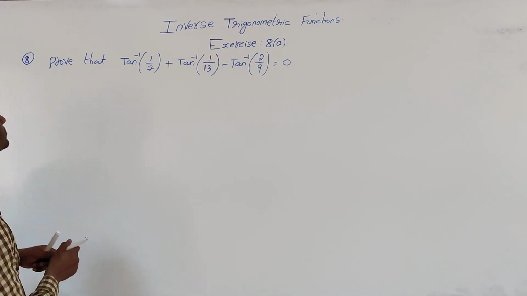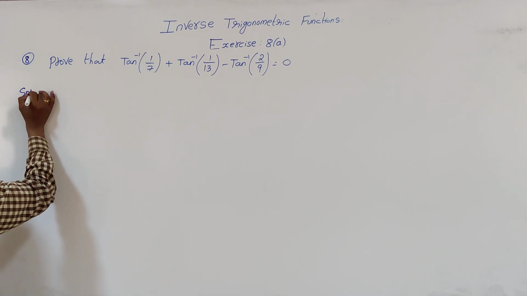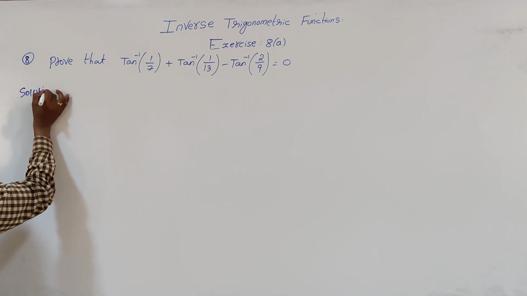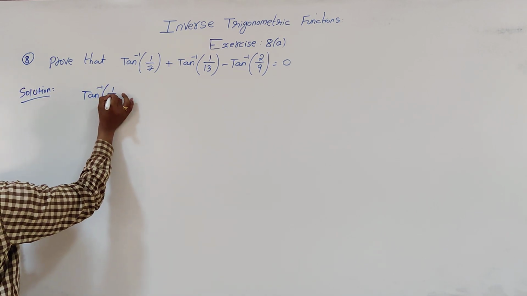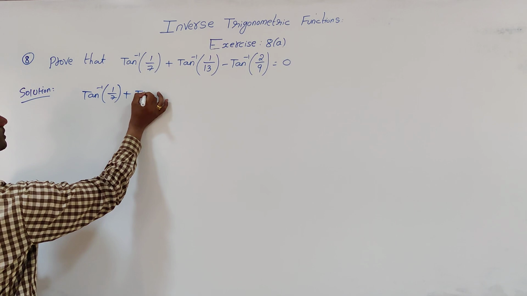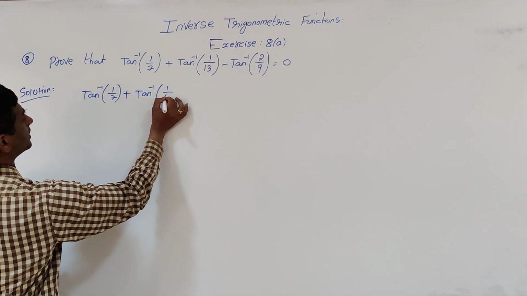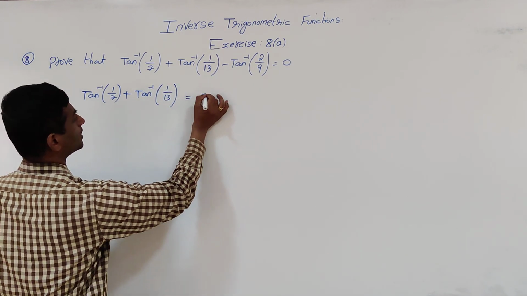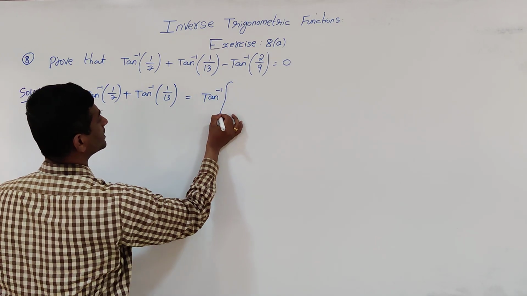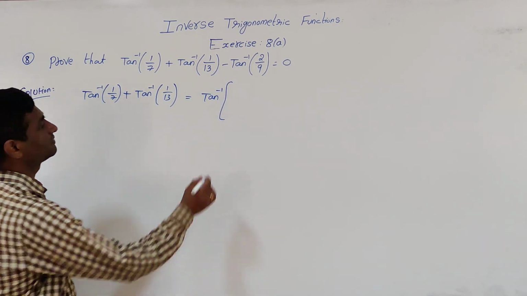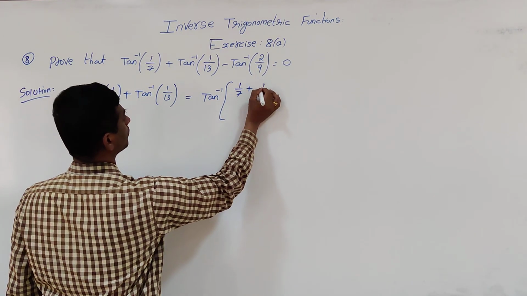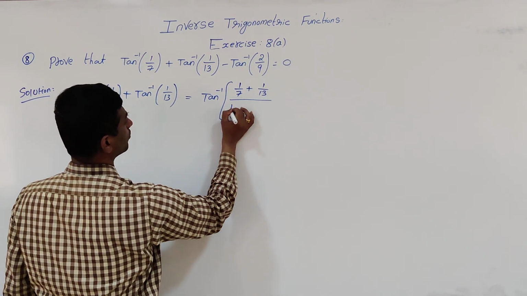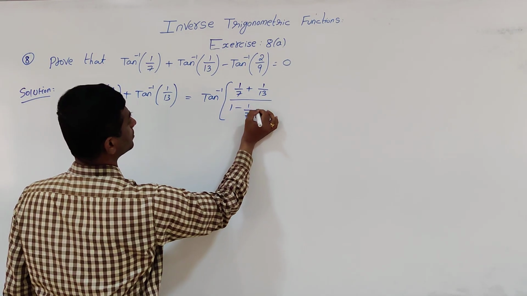So we'll see the solution. Tan inverse of 1/7 plus tan inverse of 1/13 gives what? Tan inverse of (x+y)/(1−xy), where x is 1/7 and y is 1/13, over 1 minus 1/7 into 1/13.